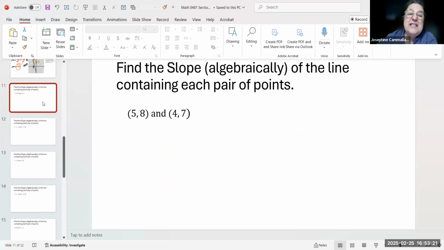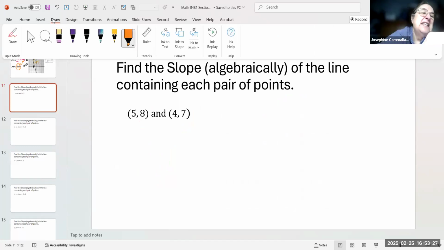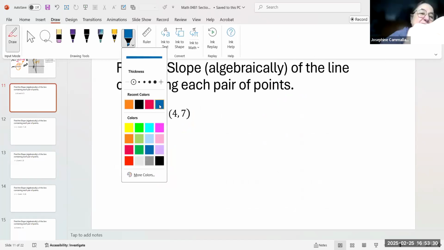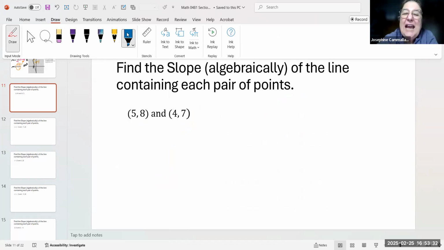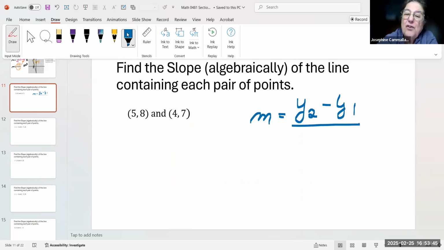Now, this is where you're going to be doing it algebraically. Now, this is where I like to do this. I know that my slope formula is going to be y2 minus y1 over x2 minus x1.